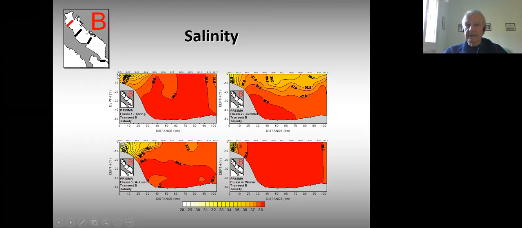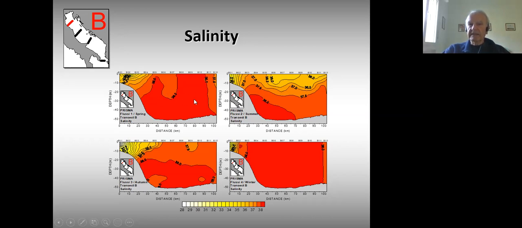Indeed, in a belt of around 20 kilometers, you can see this patch of fresh water. Take into consideration that water having lower salinity is also kept in the sea surface layer, and therefore the strongest low salinity water is in the surface layer.